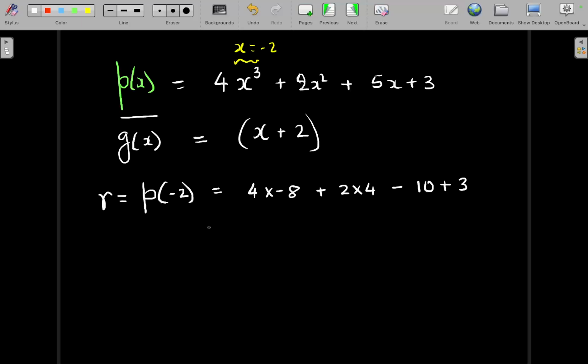This is equal to minus 32 plus 8 minus 10 plus 3, which is minus 42 plus 11, and that is equal to minus 31. So here we go, we got an answer, and it is pretty fast.